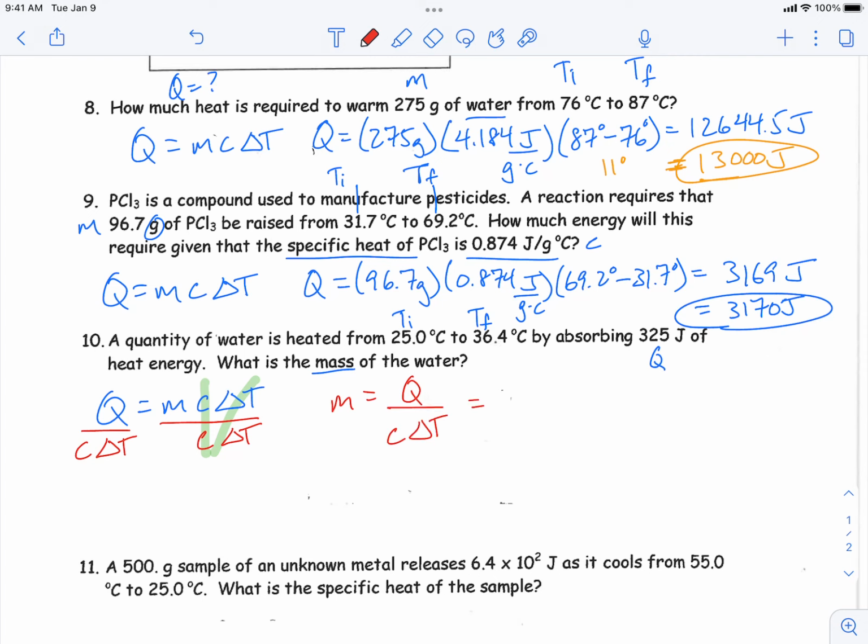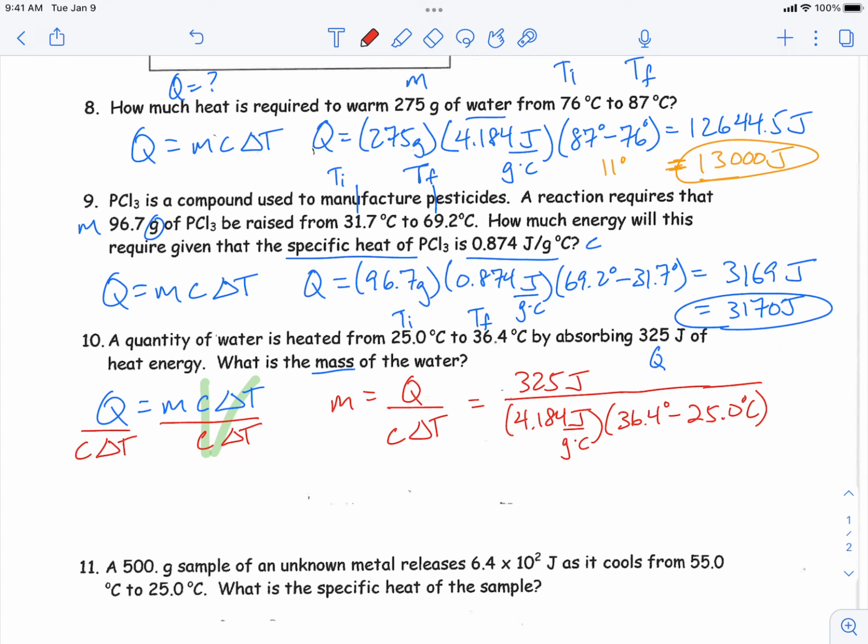My Q value is given at 325 joules. My C value, this is for water, so that's going to be 4.184, which is the value on this worksheet. If you have 4.18, that's fine. And our delta T is our T final, 36.4 minus 25.0 as my change in temperature.